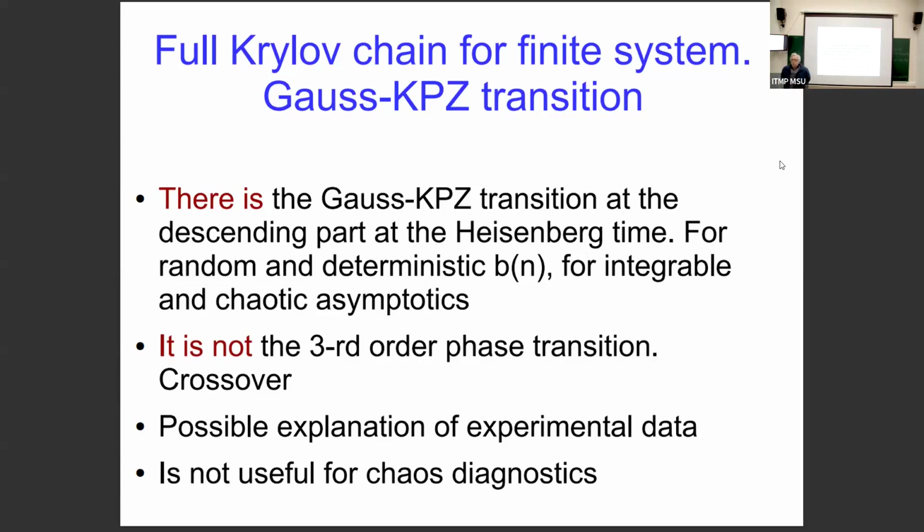And moreover, there are some real experiments, not numerical, where this KPZ scaling indeed has been observed for late time. So it is a possible explanation. So this is a very general behavior, and it can be explained in terms of the Krylov chain for operators.